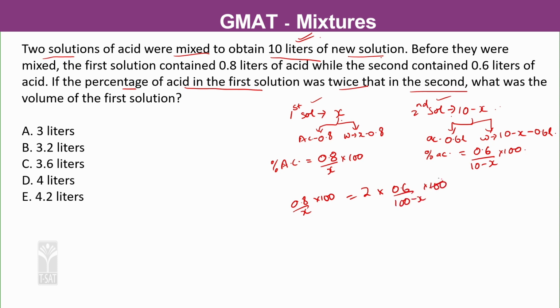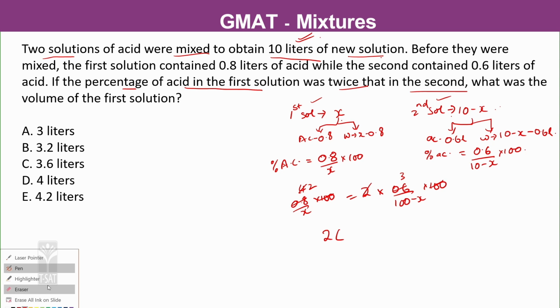That means 0.8 by x into 100 is twice that of the second, that is 0.6 by 10 minus x into 100. 100 gets cancelled, and you can cancel out 0.2 common factors.